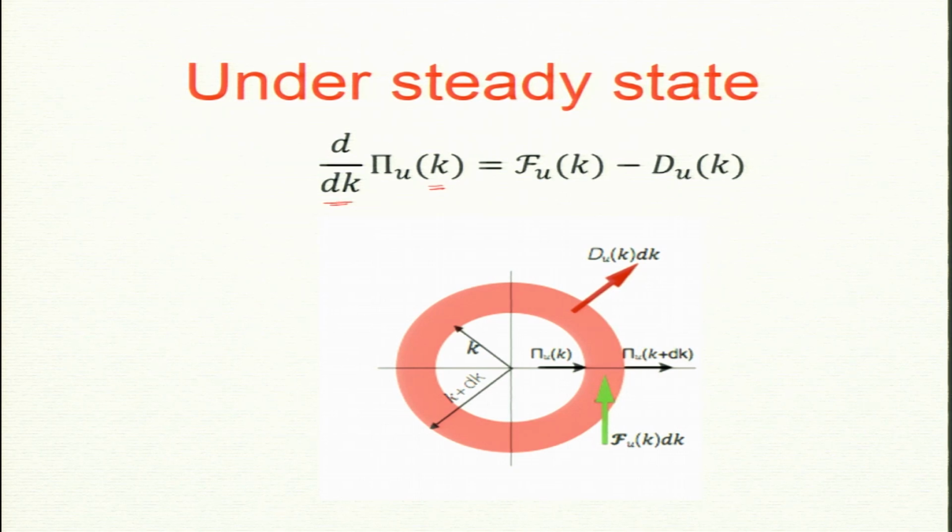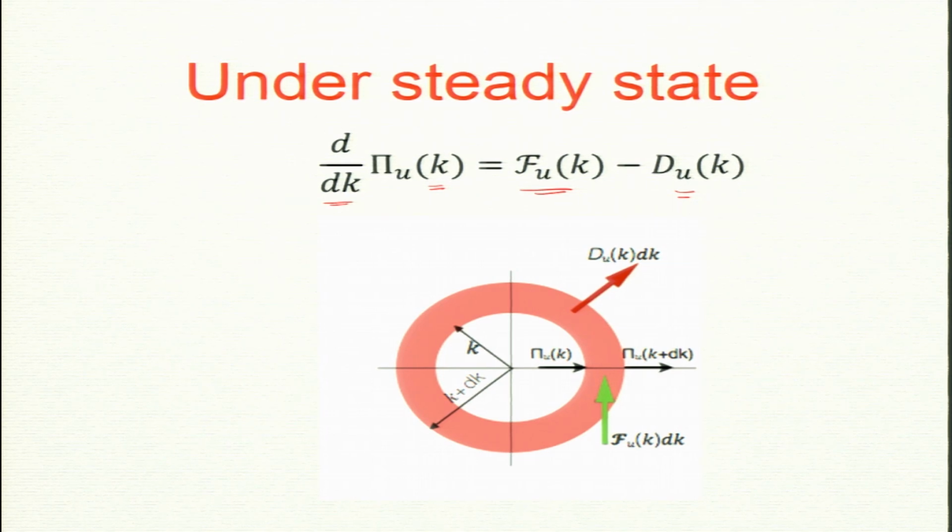So, this partial and total I change according to my situation. So, F_u(k) and minus D_u(k). This is a local quantity, please remember it is not the total. For any k this will work under steady state.